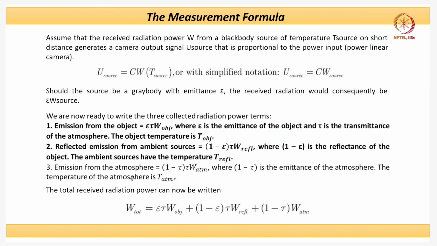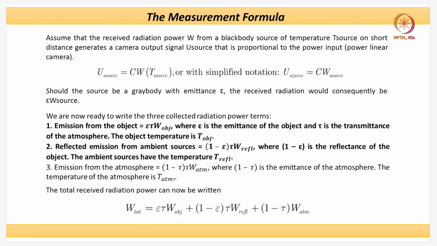Now, assume that the received radiation power W from a black body source of temperature T source at short distance generates a camera output signal U source that is proportional to the power input. So this is like a power linear camera.